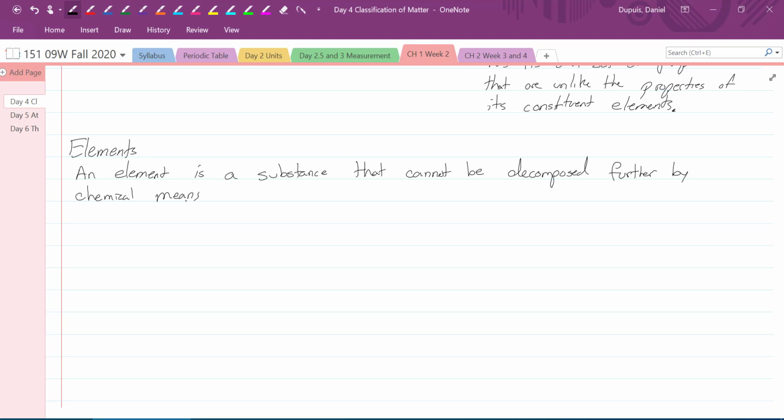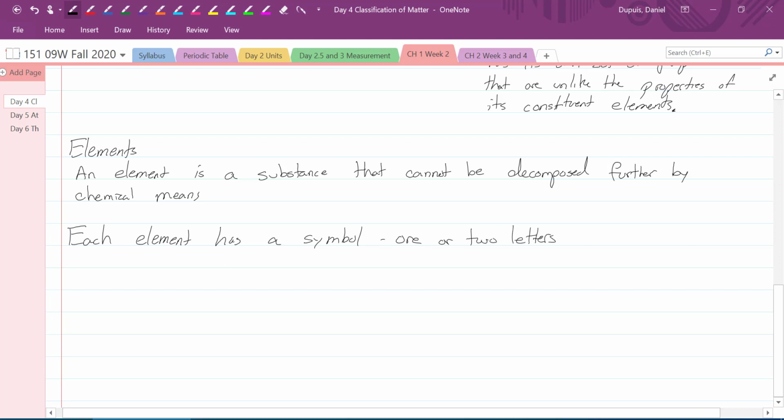All right. Each element has a symbol, which is one or two letters derived from its name.